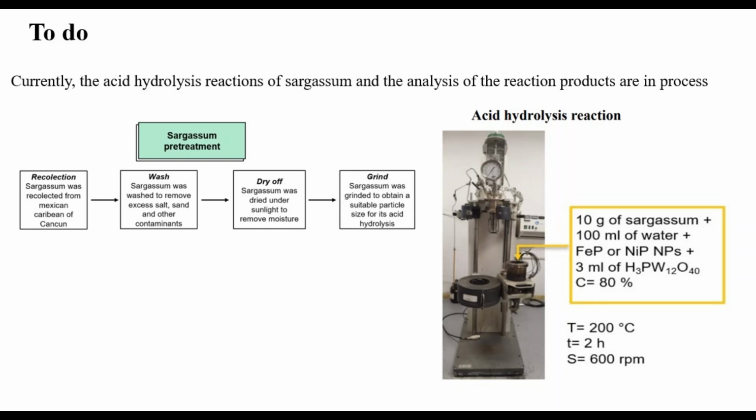We add 10 grams of sargassum, 100 milliliters of water, iron phosphide or nickel phosphide nanoparticles, and finally 3 milliliters of phosphotungstic acid. The reaction conditions are temperature 200 degrees, time 2 hours, and finally stirring at 600 revolutions per minute.